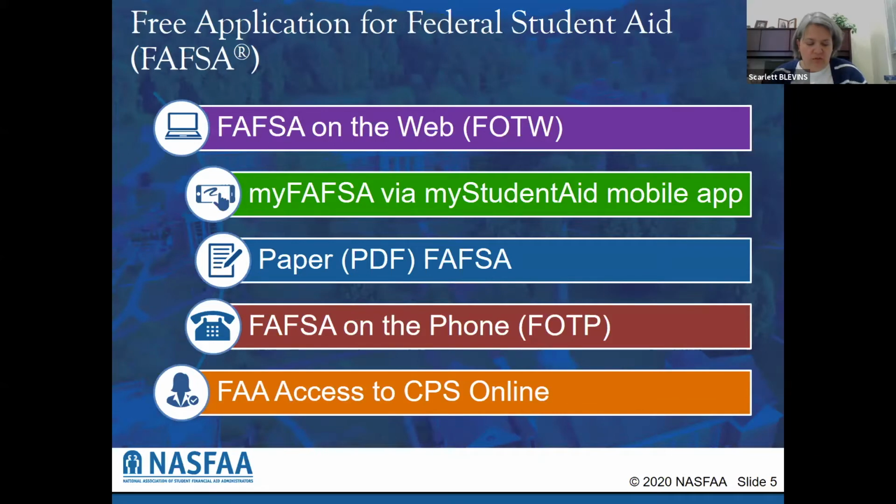There's also an option to do a FAFSA on the phone if you have limited or no internet access. Again, you would contact the 1-800-4-FED-AID number to get that information. And then us as college or financial aid administrators, we have the option to submit FAFSAs as well. So there's several different options there, but like I said, we will focus on the FAFSA on the web today.